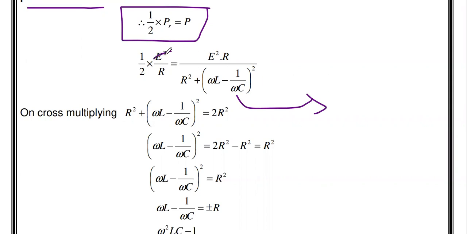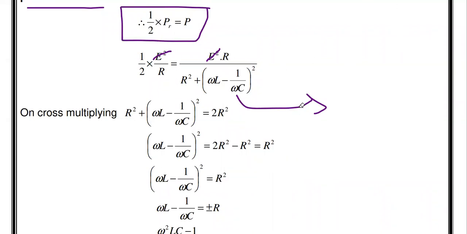In this, E squared cancels. Then you rearrange: 2R you give to that side, and the R squared term you give to the other side. On cross multiplying, we get R squared plus omega L minus 1 by omega C the whole squared equals 2R multiplied with R, so 2R squared.